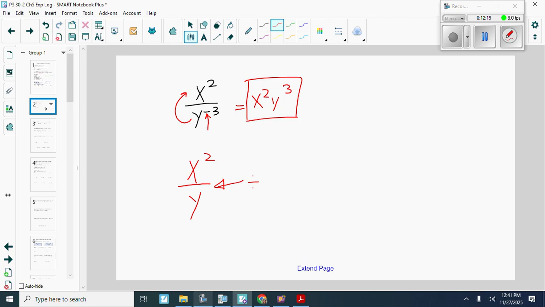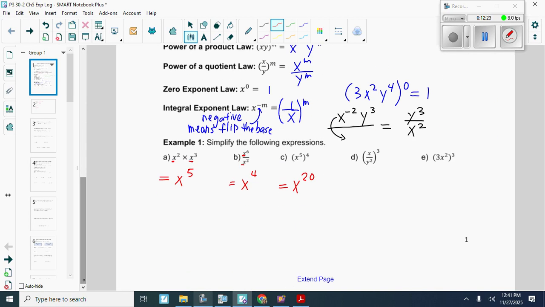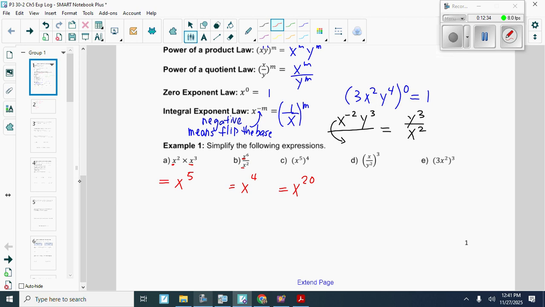So for example, okay, what do we do with this to the power of 3? We have brackets and it's raised to a power. Okay, this is this one right here. It says that everything inside the brackets gets multiplied by that exponent. So we're going to have x to the power of 3, y to the power of 6, because we're doing 2 times 3, right? Power of a power.